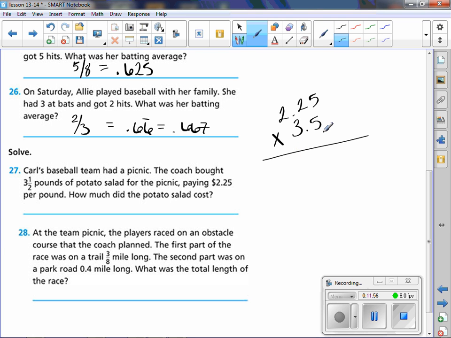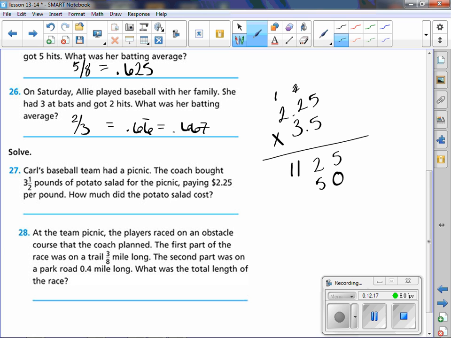All right, welcome back. 5 times 5 is 25. So I'm going to put down my 5, carry my 2. 5 times 2 is 10, plus 2 is 12. Carry my 1. 5 times 2, again, is 10, plus 1 is 11. When I move on to the 3, I add a placeholder. 3 times 5 is 15.